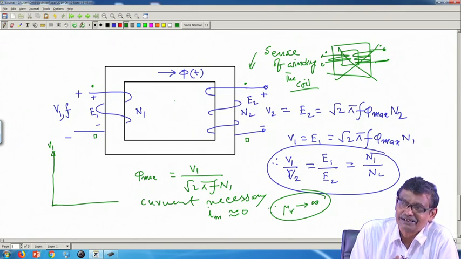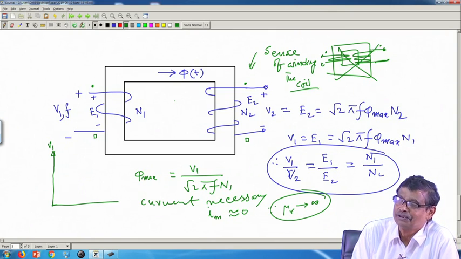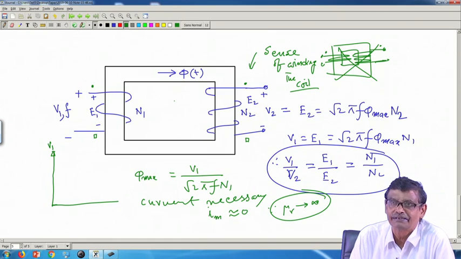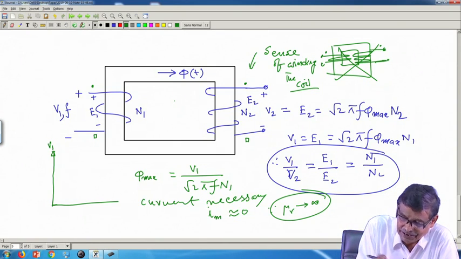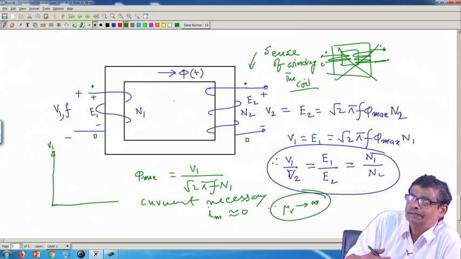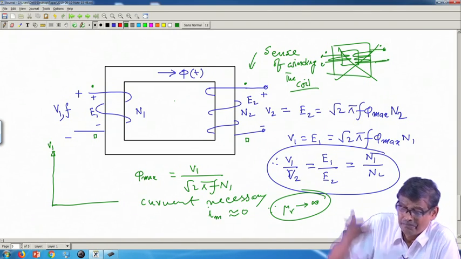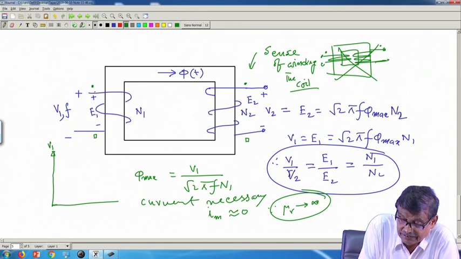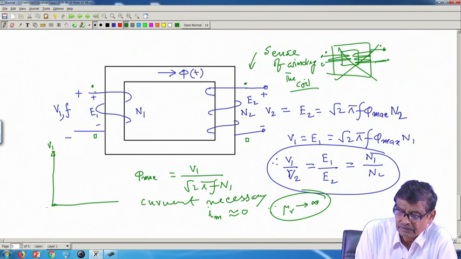The inductance value is very large. If mu r tends to infinity, inductance goes to infinity. The current drawn from the supply will be 90 degrees lagging, and this length is pretty small, 0.